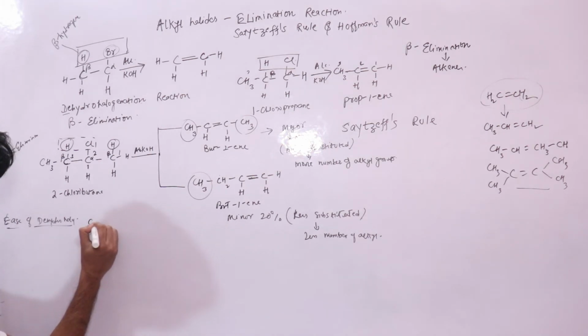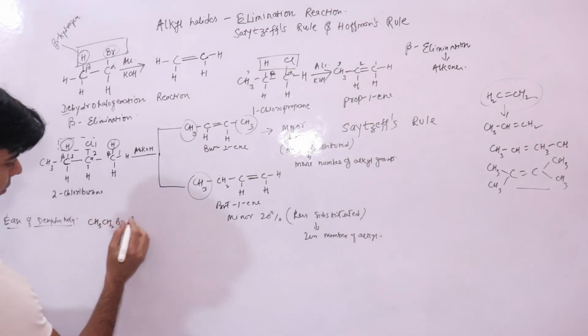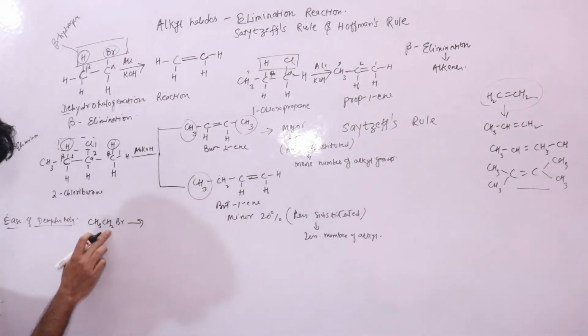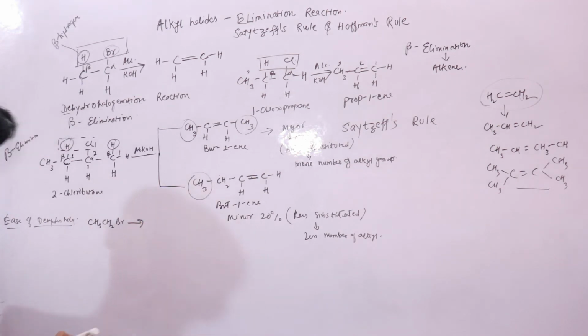So we'll just take some examples. If I take CH3CH2Br, one hydrogen would be removed from here, this Br would be eliminated, right?